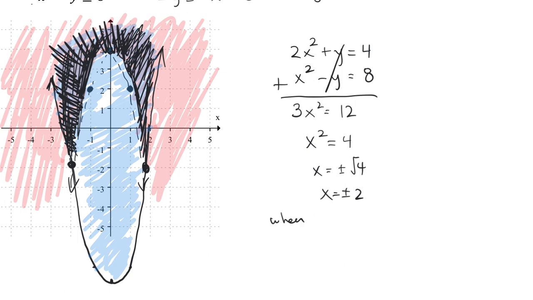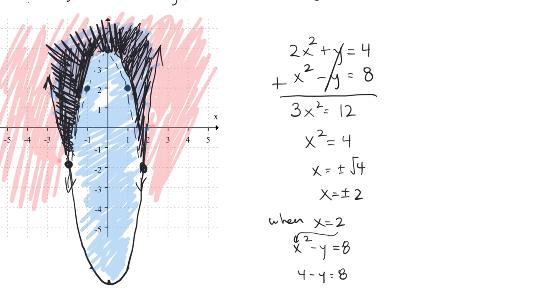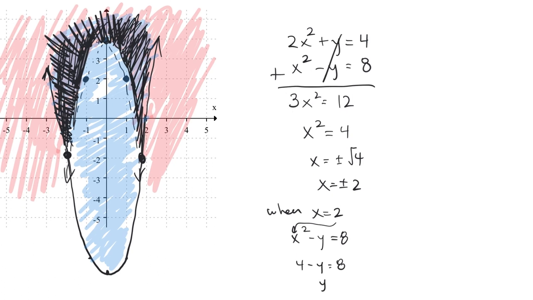So when x equals 2, I'm going to use this bottom equation right here. It says x squared minus y equals 8. So if you plug in that, 2 squared is 4 minus y is equal to 8. So this means y is equal to negative 4.